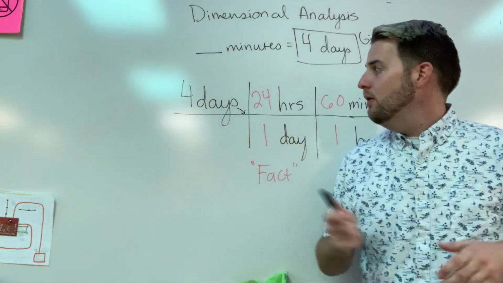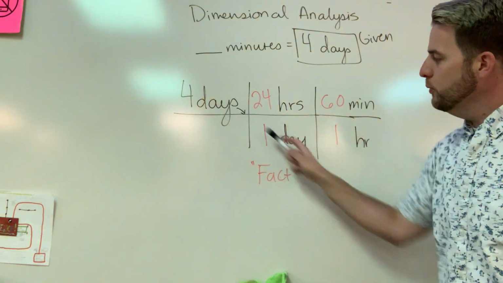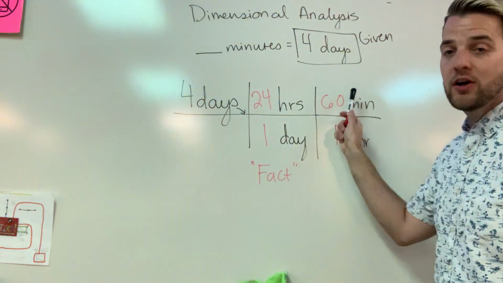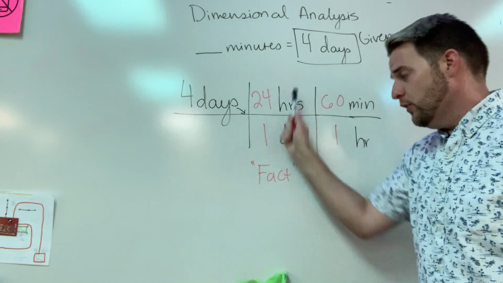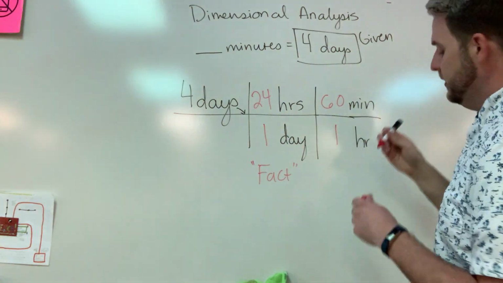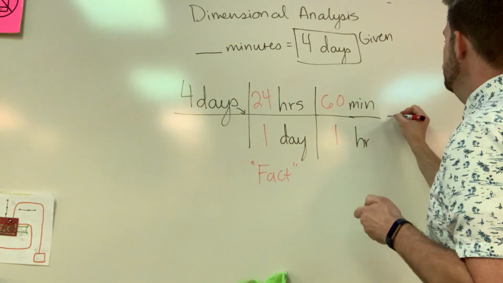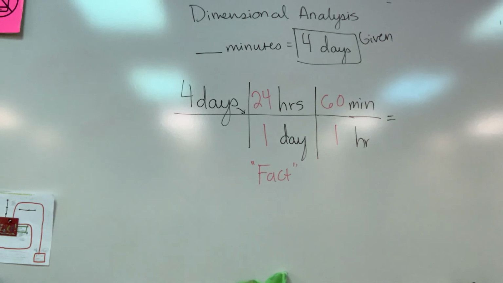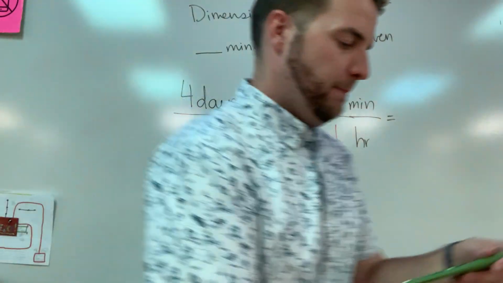So at this point now, I've worked my way through the units to get to where I want, and I've worked my way through the correct factual values for each of these conversion factors to get to where I want, okay? So now I'm ready to calculate. So let me grab my calculator. I'm back. Okay.